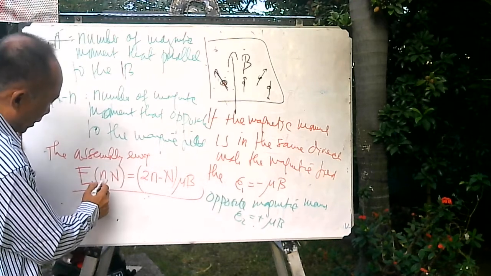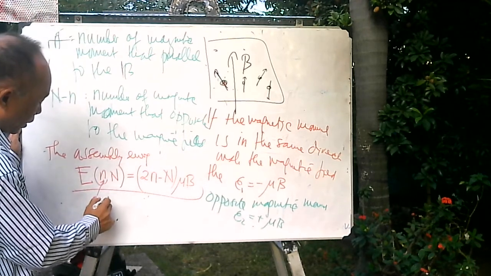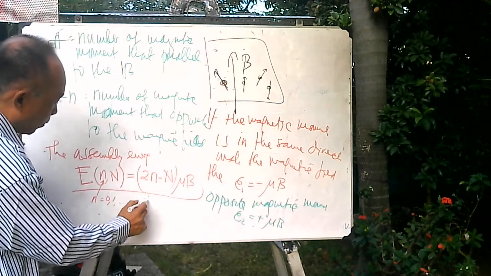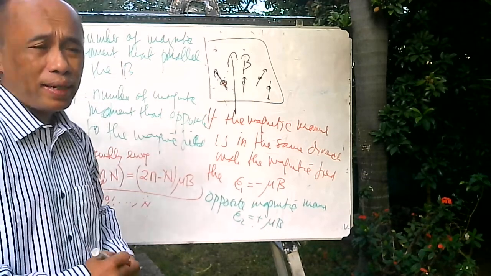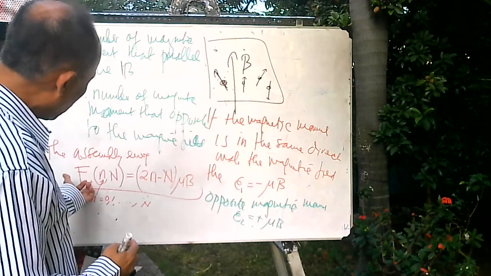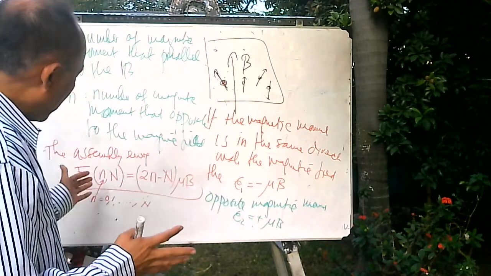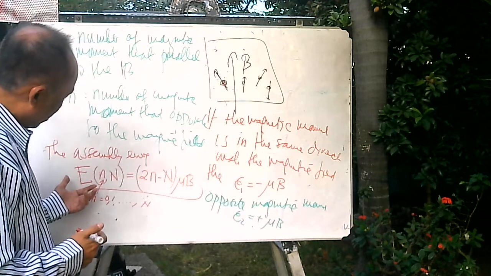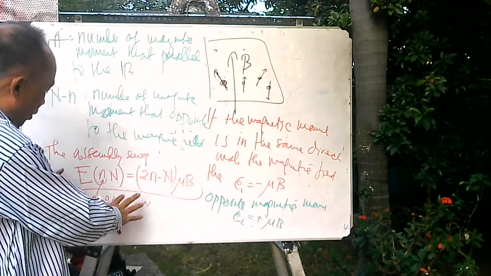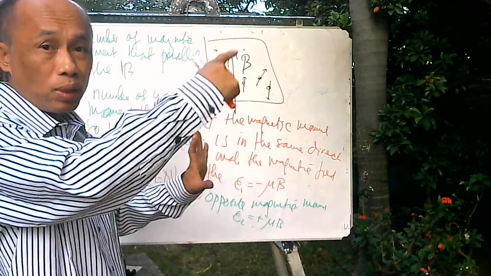But the assembly can have any value of small n from 0, 1, and up to N. So we will have a large number of possibilities for the total energy of the assembly. Now, in calculating the partition function, we have to accommodate all the possibilities in the summation.